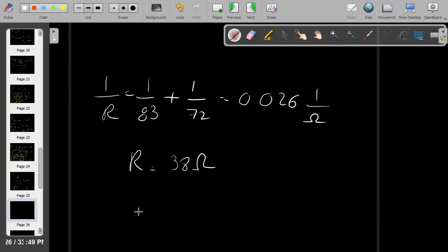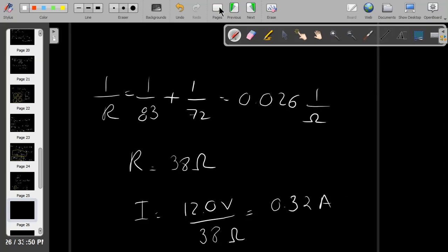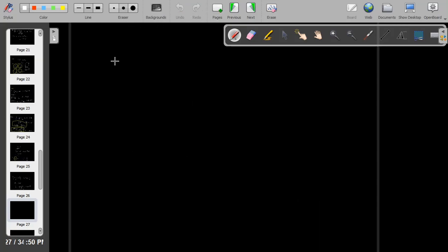Now we can use our resistance to find our current. That is the 12.0 volts that was given to us, divided by the 38 ohms that we found ourselves. And if you do that, your current is 0.32 amps. Not done yet though. Almost done. Now we can calculate that power.